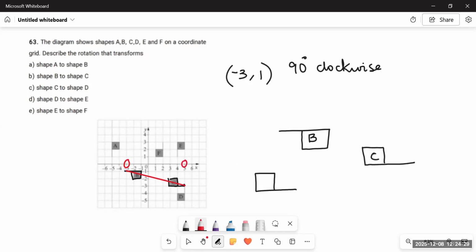Okay. And since it's -3 to 5, the distance between -3 and 5 is 8 units. And here it's in the middle. So this is the center, that is 1 comma -2. 1 comma -2, 180-degree rotation, right?